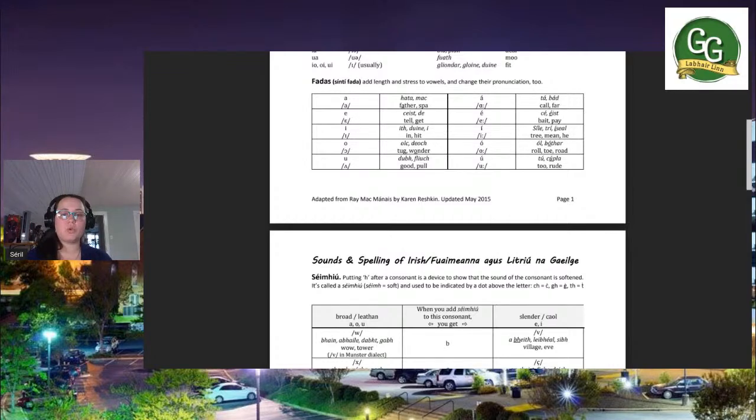Without the fada, U is just a short sound, so dove, fluch, good, pull. So it's a lesser stressed u sound. And then with the fada, it's tú, rude. It's a hard u sound.